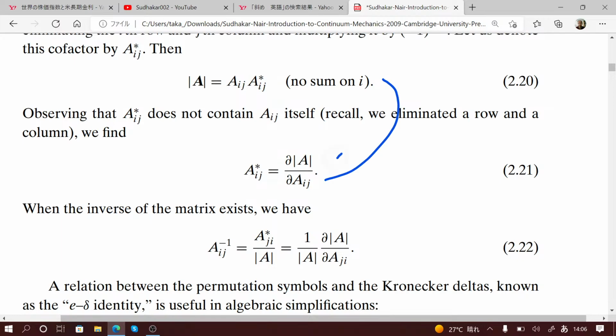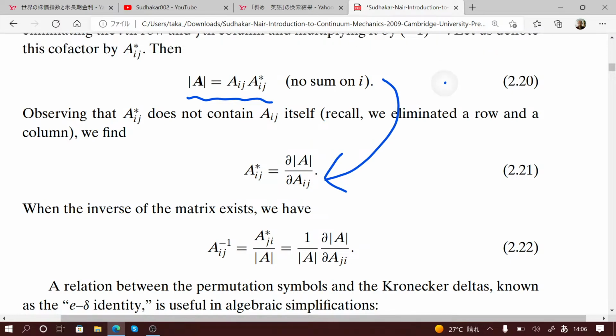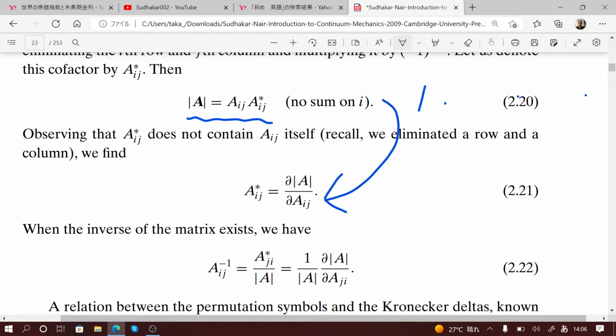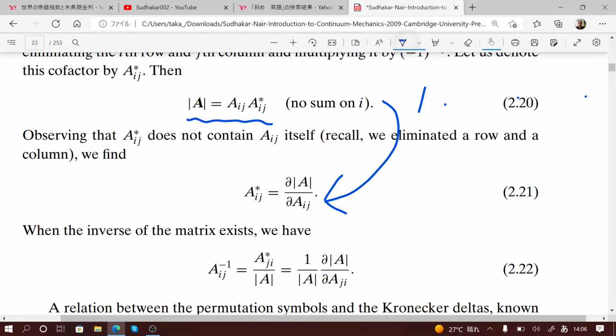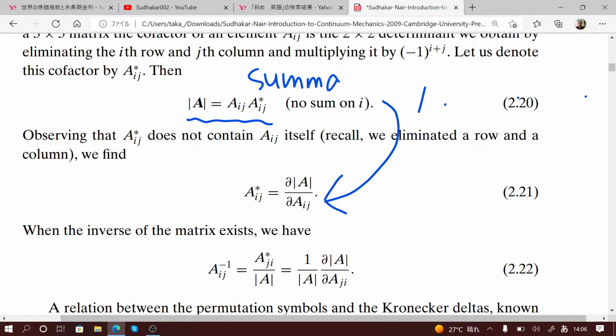So from here to here, this expression assumes the summation convention.